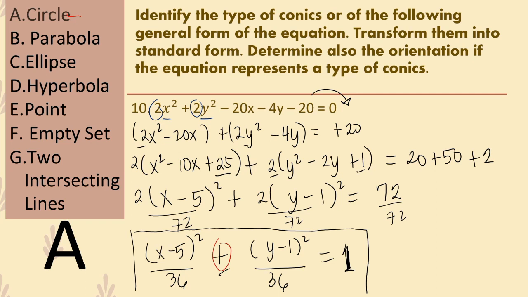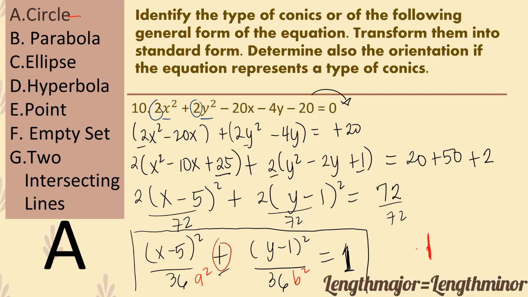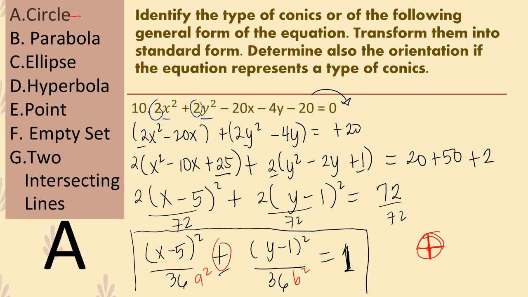But, if we notice, its a squared and its b squared are both 36. The major axis is equal to the minor axis. So, that means this is indeed a circle. So, here we proved that a circle is a special type of ellipse. Because, it is like an ellipse that has equal value or length of the major axis and minor axis. To make it the standard form of a circle, let's just divide this by 2. And then 2.